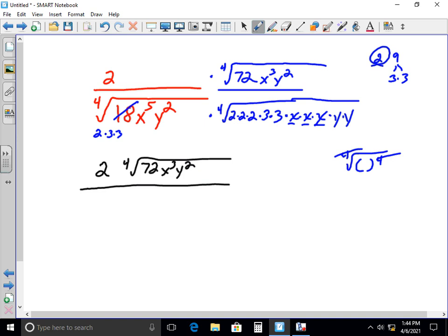Now on bottom, what do we pull out? We're going to pull out 2. We're going to pull out a 3. We're going to pull out 2 x's, because if we've got 5 and 3 more, that's 8 x's.